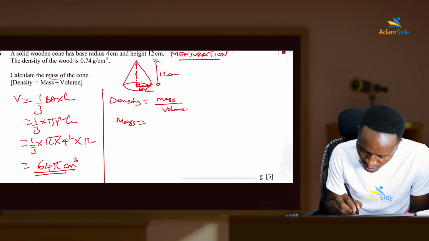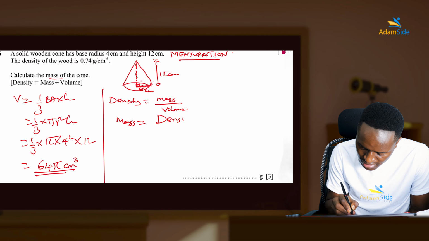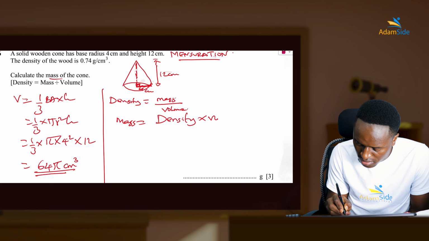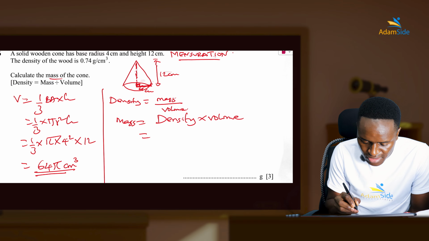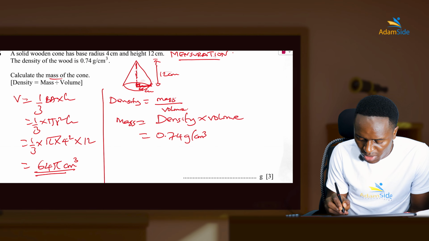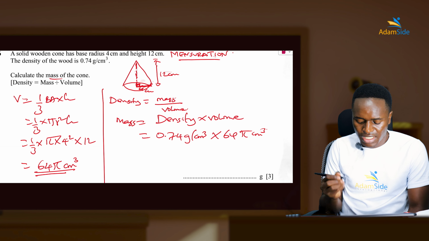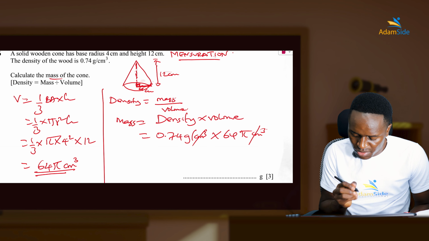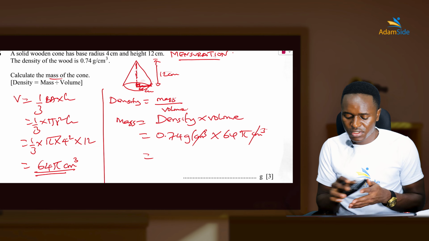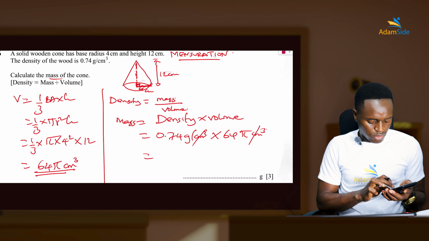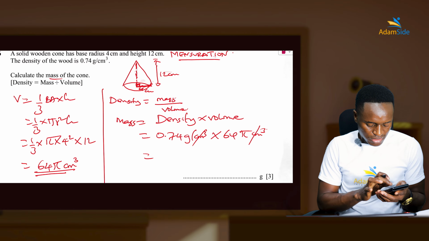Now if they say calculate the mass, we know the formula. Mass is equal to density times volume. The density we have is 0.74 grams per cubic centimeter times the volume, which is 64 pi cubic centimeter. So 0.74 times 64 pi.